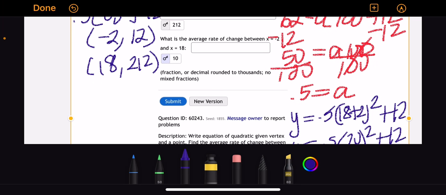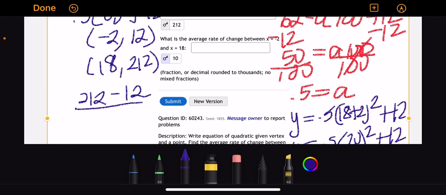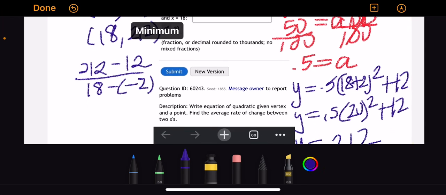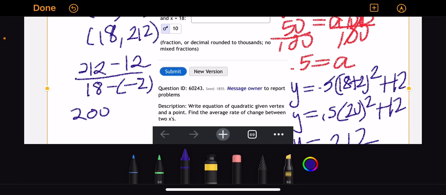So we go y2 minus y1 over x2 minus x1. That gives me 200 over 18 minus negative 2. It's like saying 18 plus 2, which is 20. And 200 divided by 20 is 10. And that's how they get that.